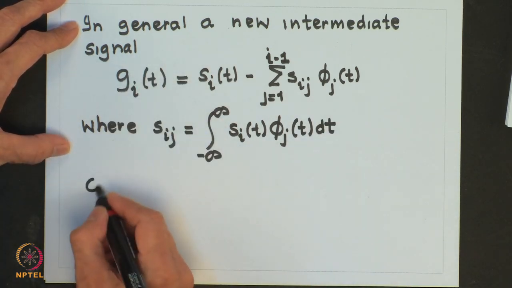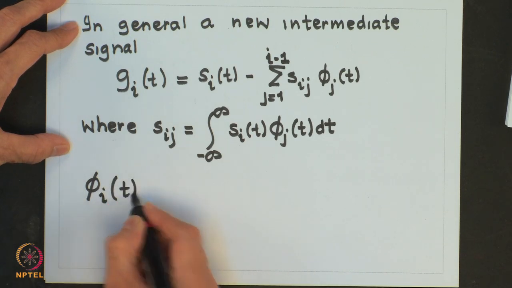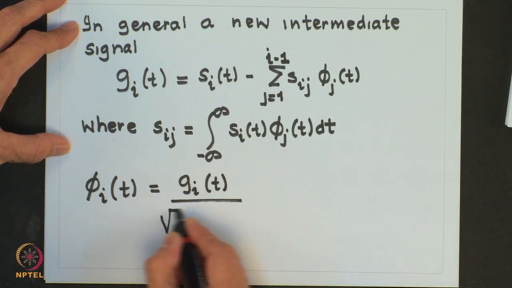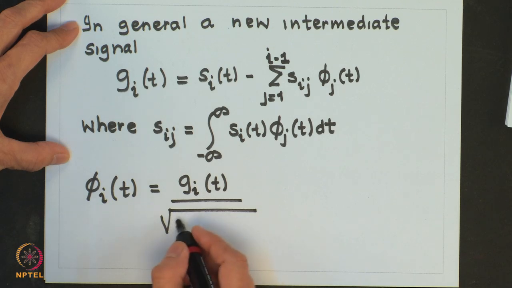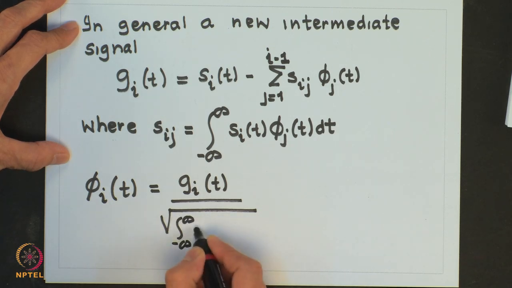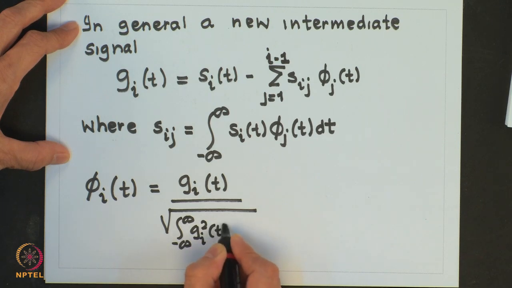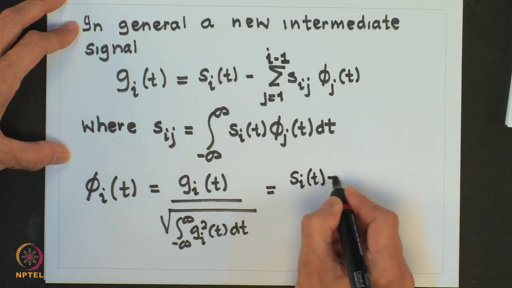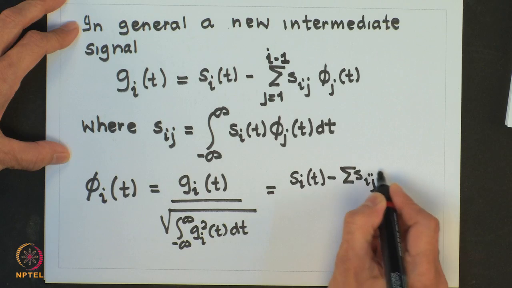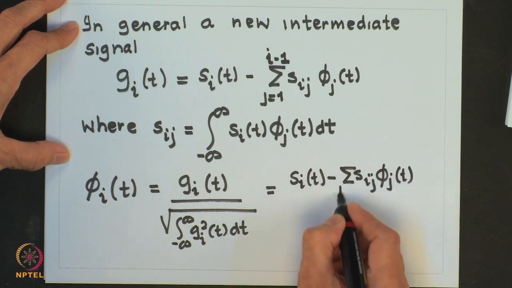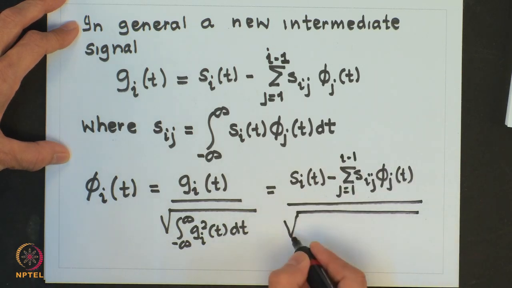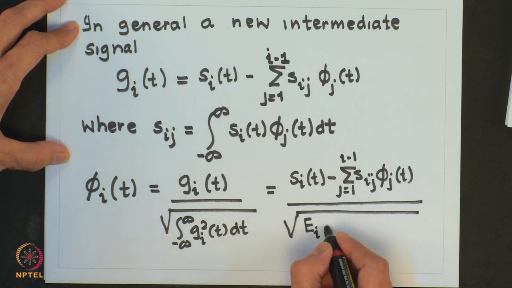And then we can get my basis signal phi i(t) to be equal to g_i(t) normalized by the square root of its energy, which can be rewritten as follows, where E_i is the energy in the s_i(t) signal, minus the sum of the squared coefficients.